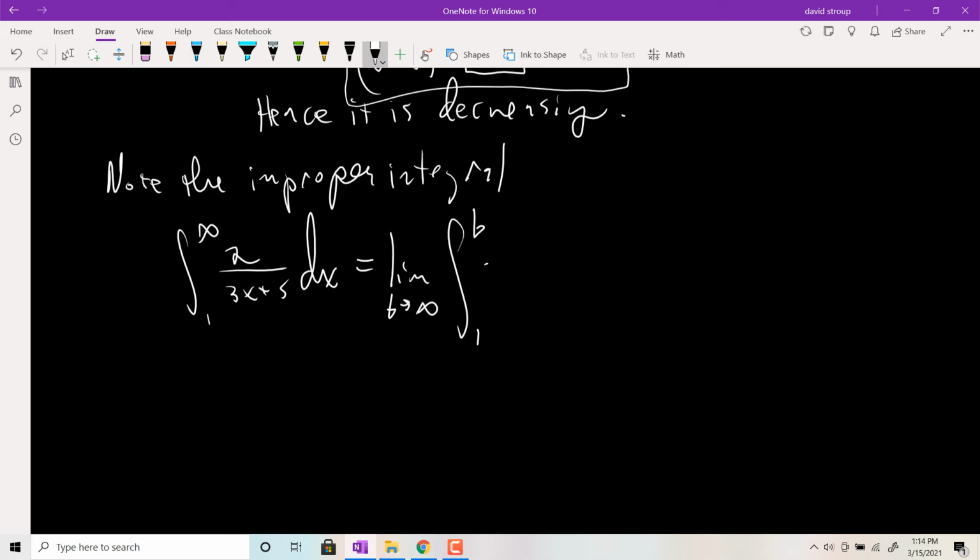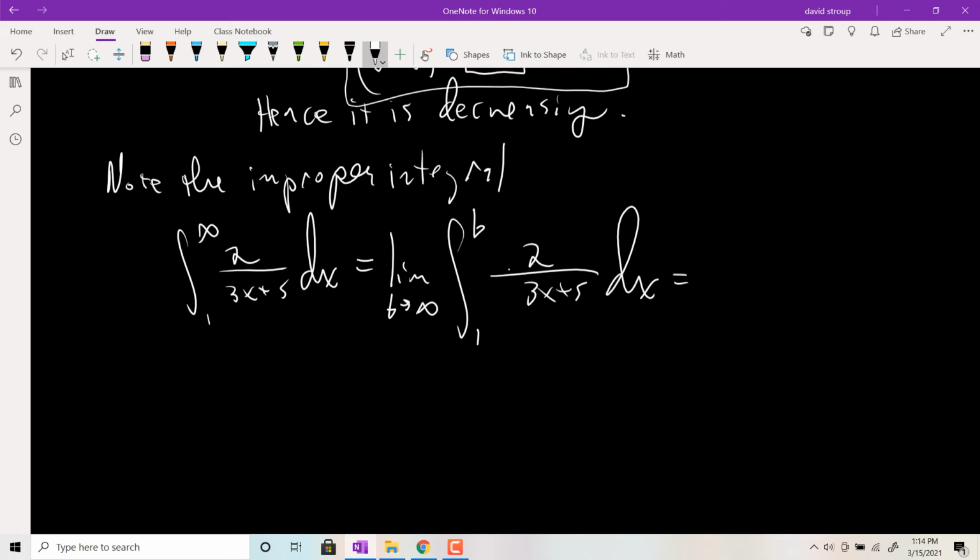This will be a natural log type, so we can leave it as is: 2 over 3x plus 5 dx. You'd do a u sub, so u would be 3x plus 5, du would be 3 dx, so dx would be du over 3.